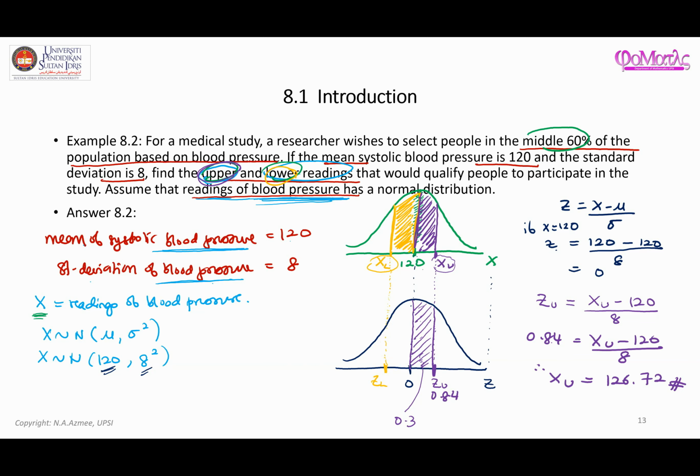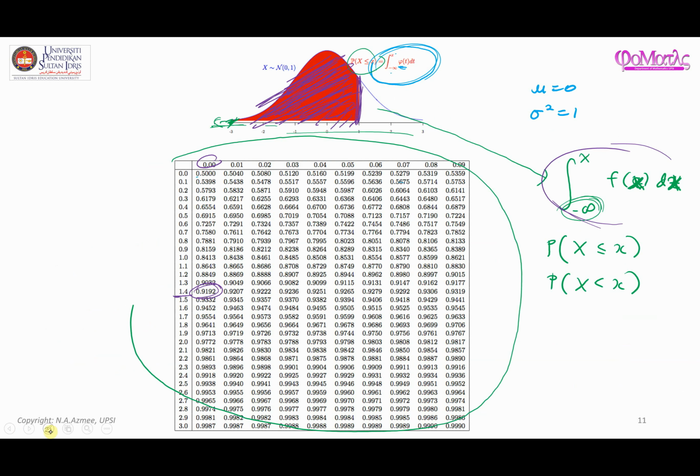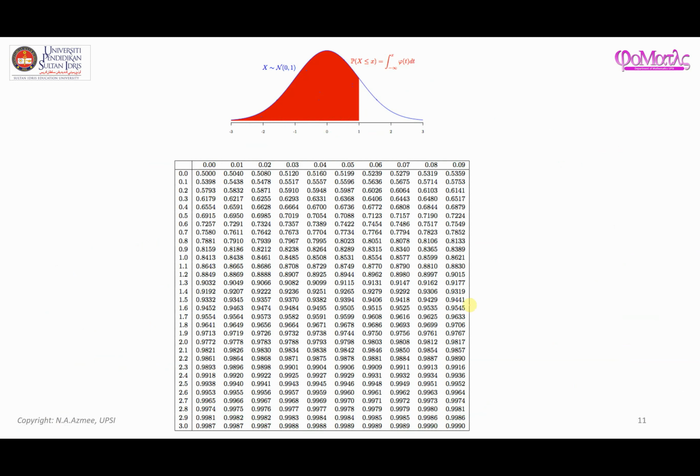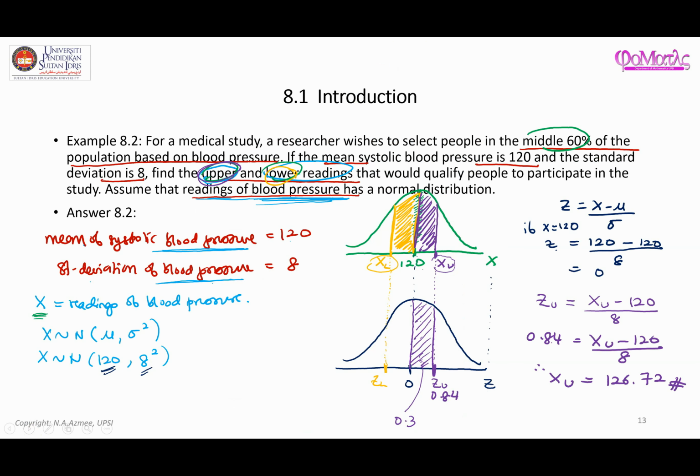Let's say I want to use the other table. What this table does is it gives you the area from one point to another.